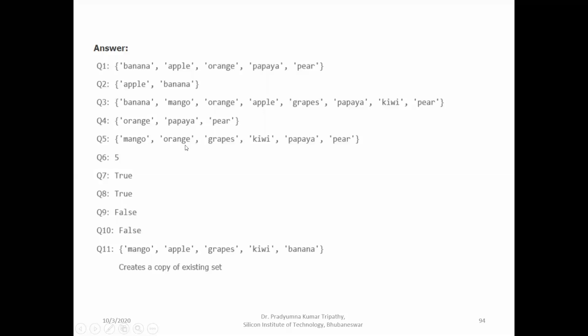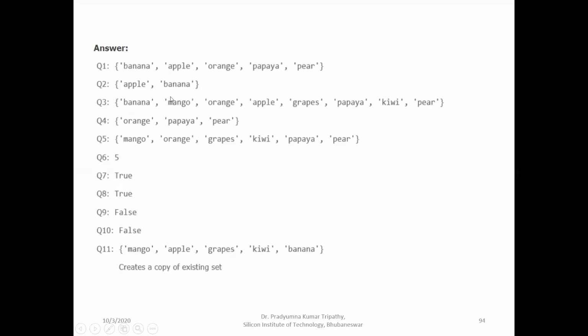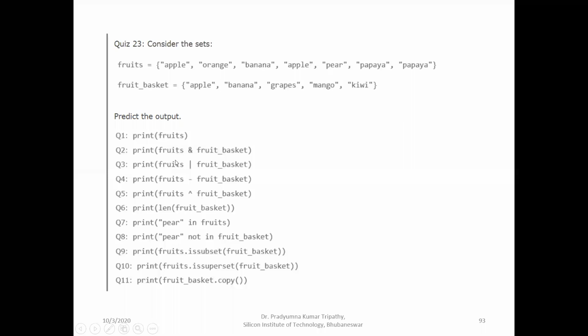This is the OR operator. You can see over 5 what it gives. For 5, I have used this operator: fruits and fruit basket. The question is 2 and 5. Not 2, 2 is the AND operator.